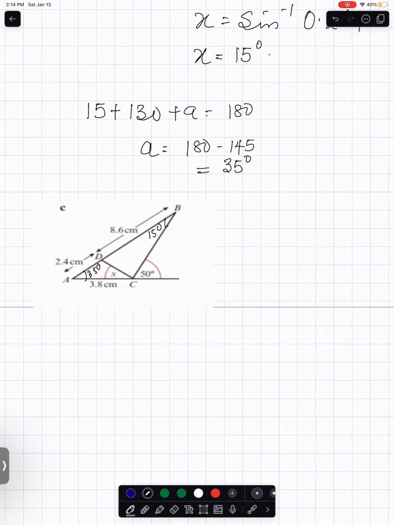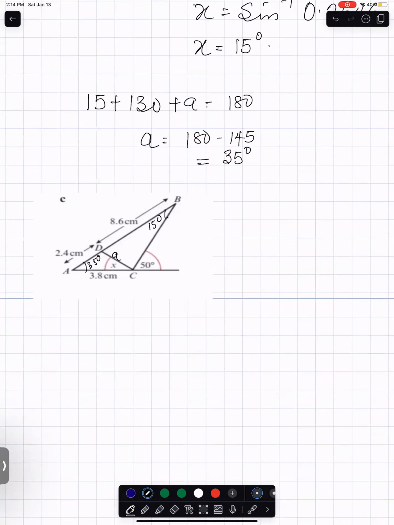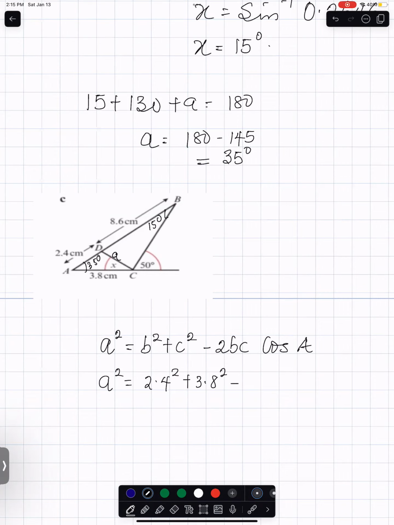We have 2.4, we have 3.8. So we are looking for the side marked A here. So we apply our cosine rule that says A squared equals B squared plus C squared minus 2BC cos A. So my A squared becomes 2.4 squared plus 3.8 squared minus 2 multiply 2.4 multiply 3.8 cos 35.